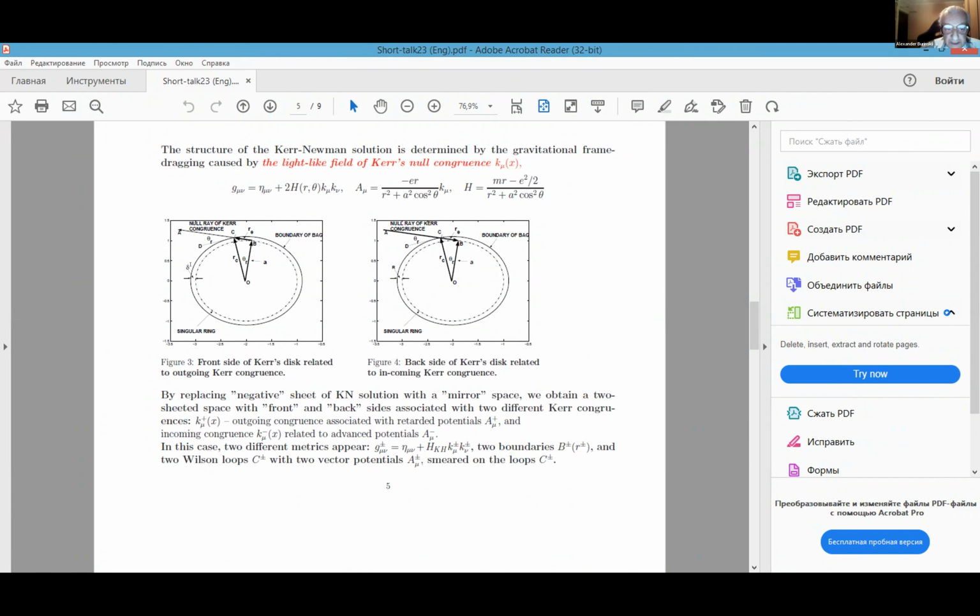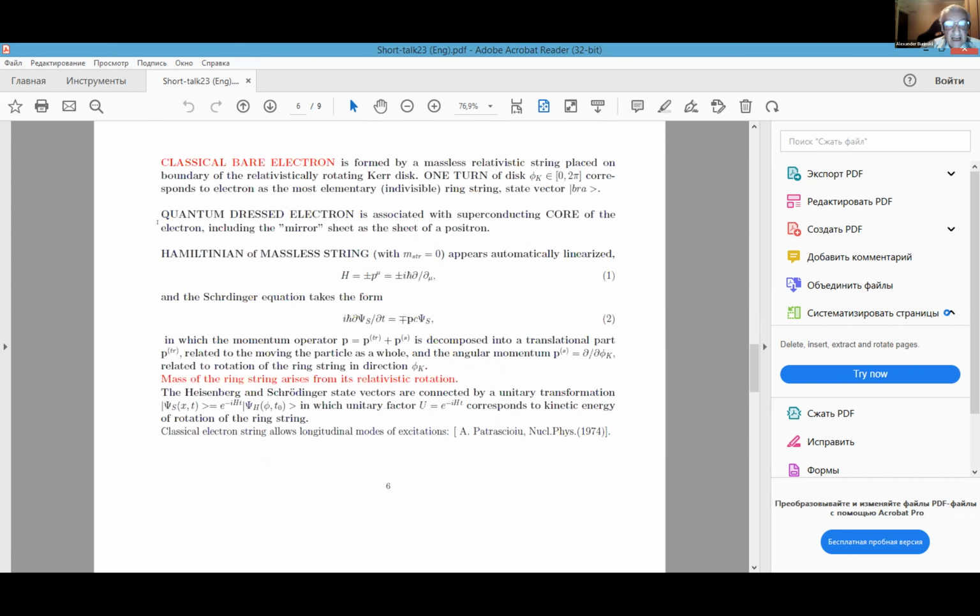One Wilson loop here and one Wilson loop here, with different orientation. As a result, the classical bare electron is formed by a massless relativistic string placed on the boundary of the relativistically rotating disk. One turn of the disk corresponds to the electron, and the second turn corresponds to the positron.